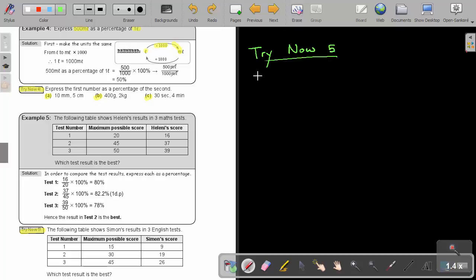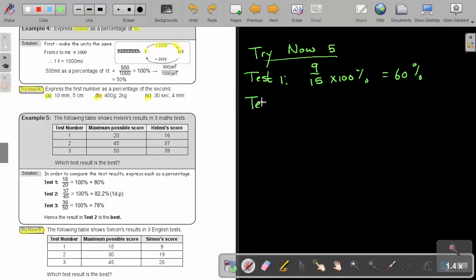Okay, so the following table shows Simon's result in 3 tests. So he got 9 out of 15, 19 out of 30, 26 out of 45. So basically we must just make all of them percentage. So then I will find 9 out of 15 times 100%, and that will give me 60%.